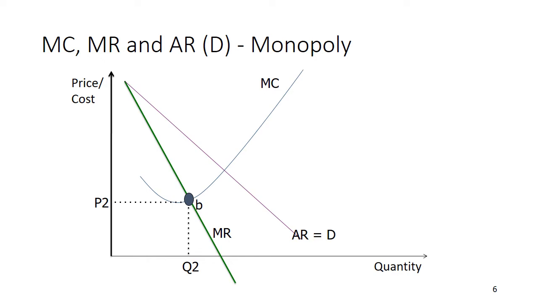Then you can see the point where the MR curve and MC curve intersect. So this is the point. Through this point you can find the price they charge. So this is the equilibrium point, right? MR equals MC. This is the equilibrium of the monopoly firm.